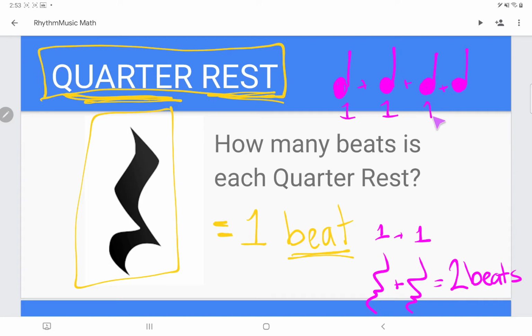So it'd be like 1 plus 1 plus 1 plus 1. And that would give me 4 beats. I hope this makes a little bit more sense, you guys. Don't worry, we're going to be talking all about music and math today. So we're going to be talking about this a little bit more later.